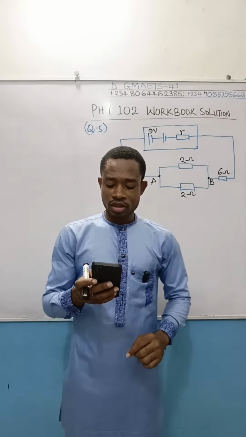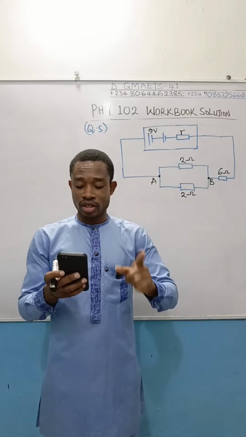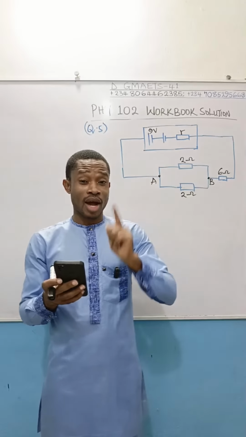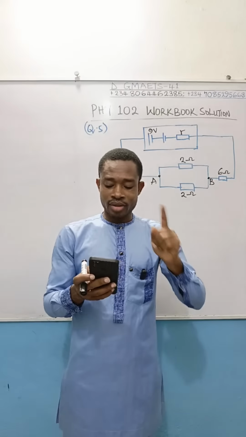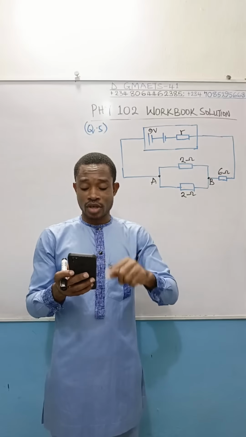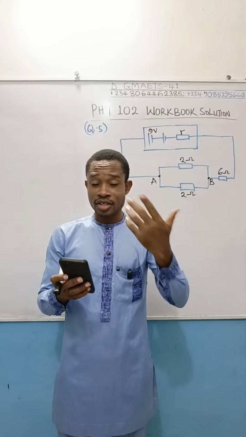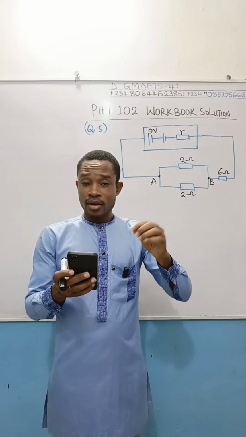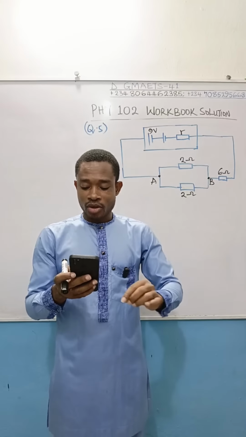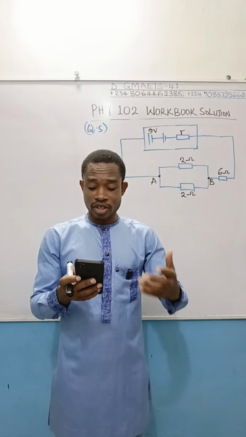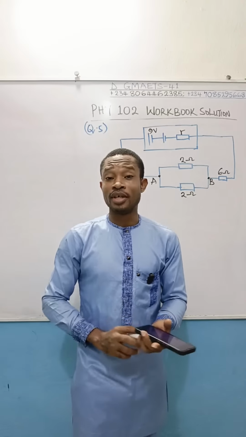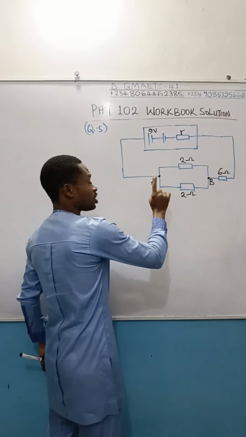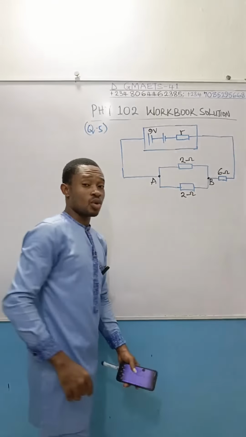The current in the battery is 1.0 ampere. Part (i): calculate the potential difference, PD, between points A and B. So we are asked to calculate the potential difference between A and B. That's what we are dealing with.